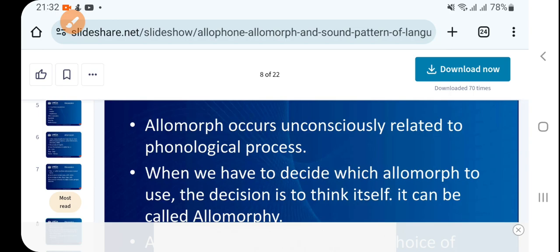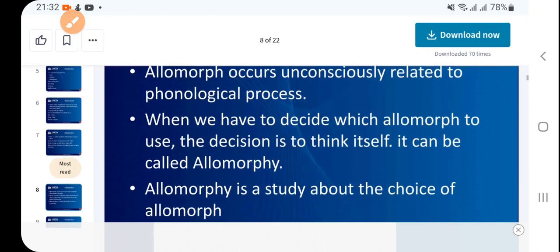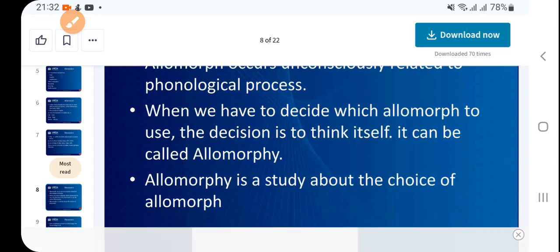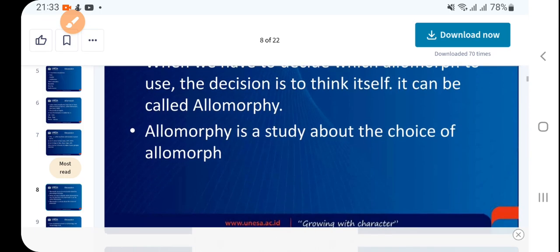Phonological process means when we understand the sound. So that is the phonological process, when we have to decide which allomorph to use. The decision is made by thinking itself. It can be called allomorphy. It means when our brain tells us what the correct pronunciation of this word is, that process is called allomorphy.